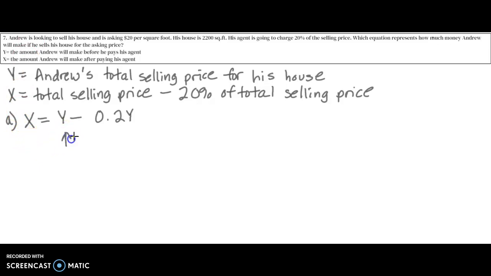The total selling price minus 20%. 20% is equal to 0.20. So in other words, you convert the percent to a decimal. Because the imaginary decimal is here, you move it 2 places to the left, and this would be the decimal version of 20%. Just erase this.